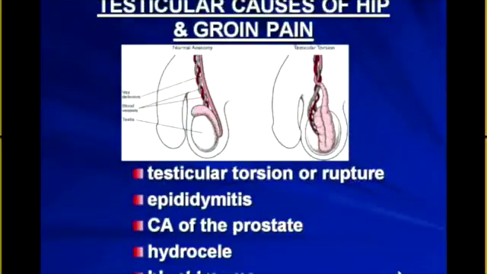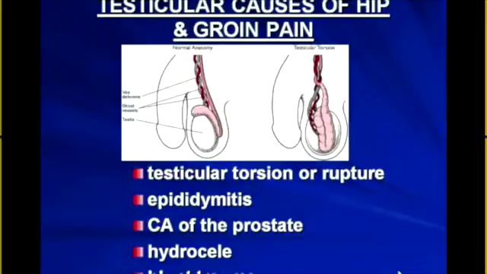We also, particularly with males, need to be concerned about testicular causes of hip and groin pain. So testicular torsion or rupture is usually from direct trauma, and we can all appreciate when we see someone get hit in the groin, males probably more so than females, but the pain associated with that. But this is actually a medical emergency that needs to be dealt with.